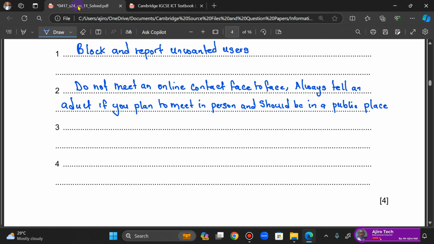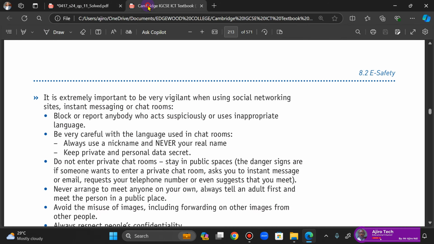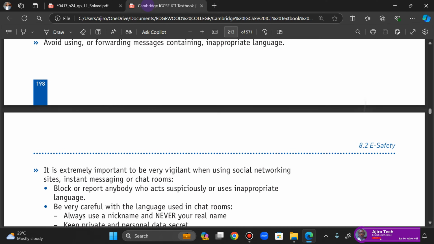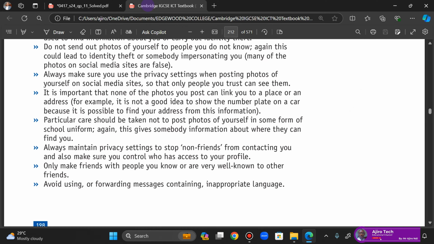Keep your personal data private. And I talked about that. Okay, keep your personal, they say, do not, of course, enter that. So always maintain privacy settings. Always maintain privacy settings to stop non-friends from contacting you, and also make sure you control who has access to your profile.